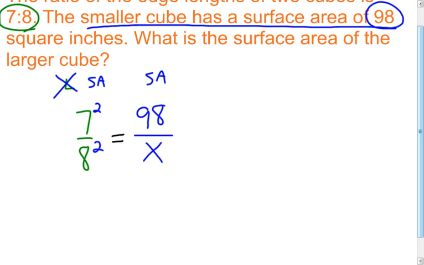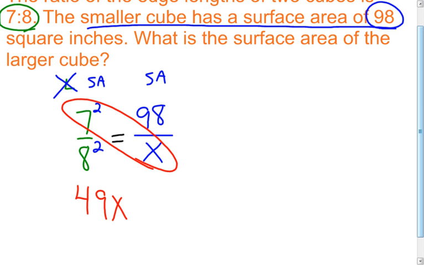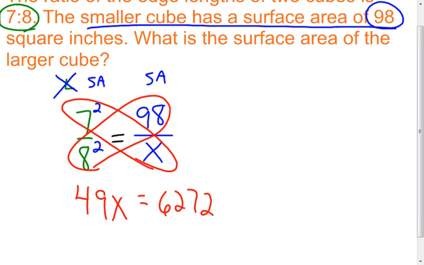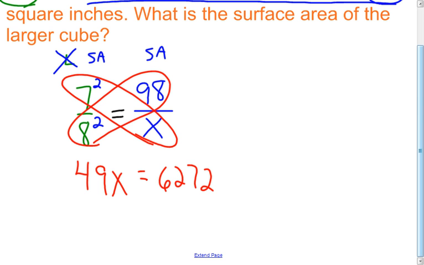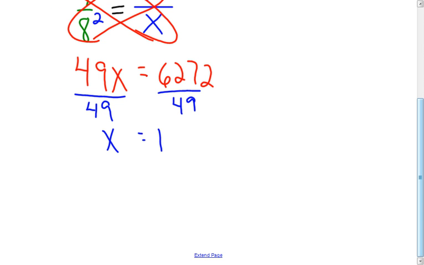It's a proportion, so I'm just going to cross multiply. If I cross multiply this way, I end up with 49x equal to, and then when I cross multiply this way, I end up with 6,272. Well, if I finish this off by dividing both sides by 49, I end up with x equaling 128.